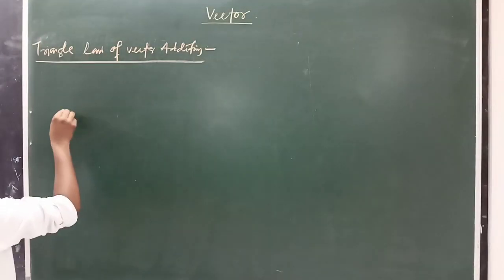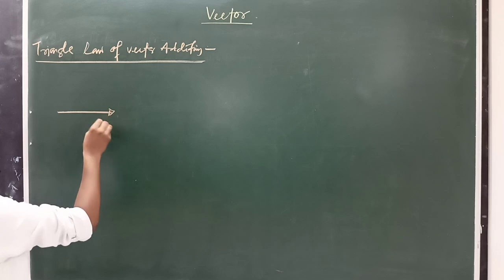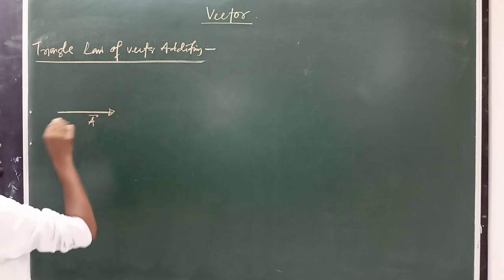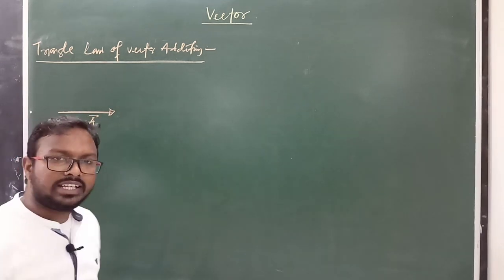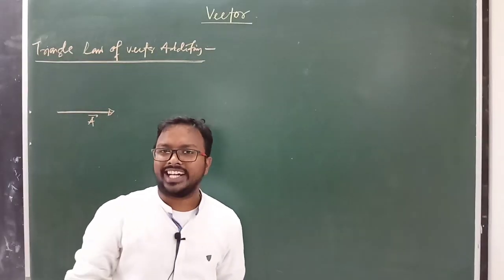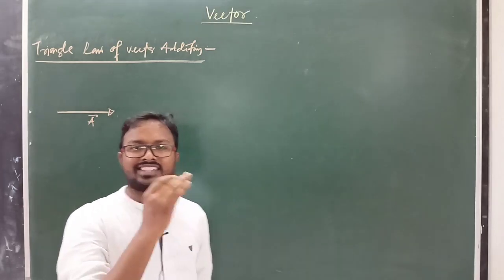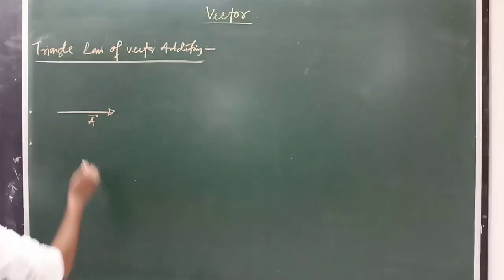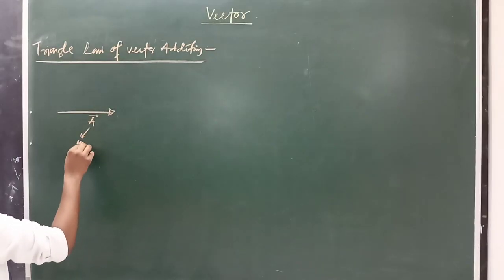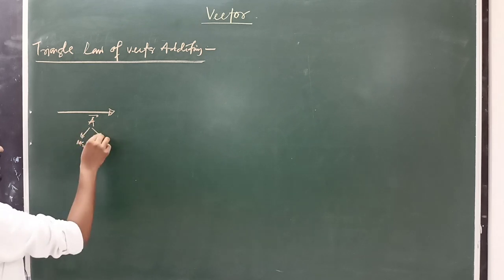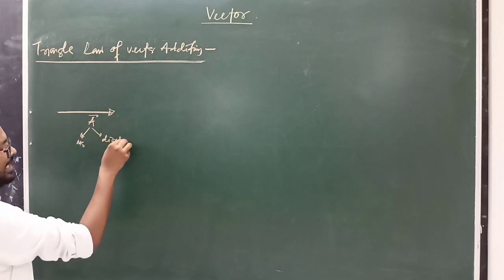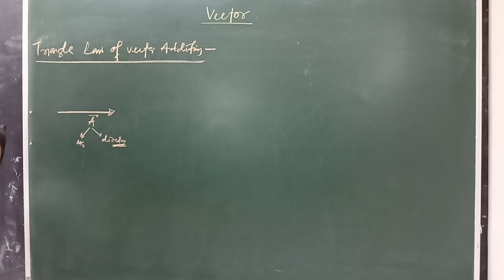So what is triangle law of vector addition? Suppose there are two vectors, which represent vector A, and a vector quantity which has two characteristics. It must possess magnitude as well as direction. So it has magnitude, and it also has direction. That's why it is a vector quantity.